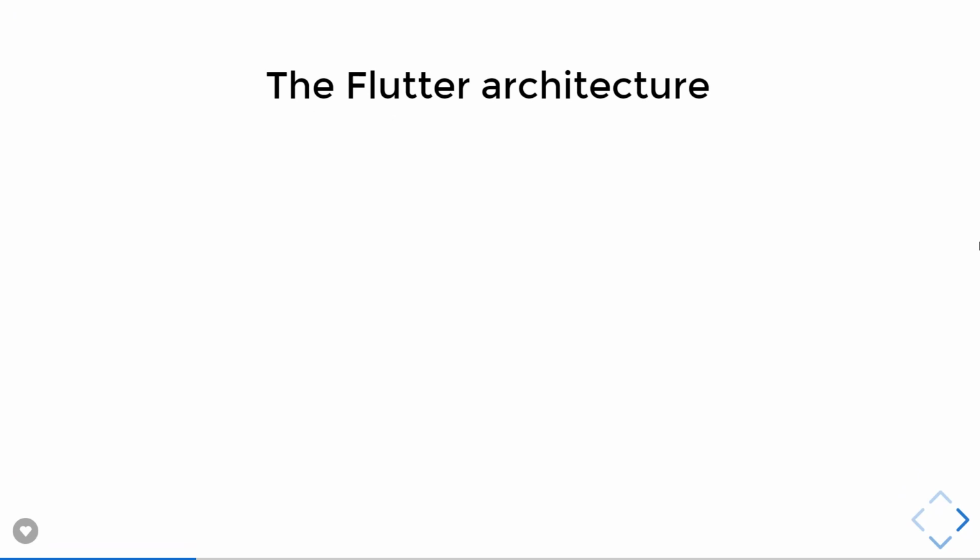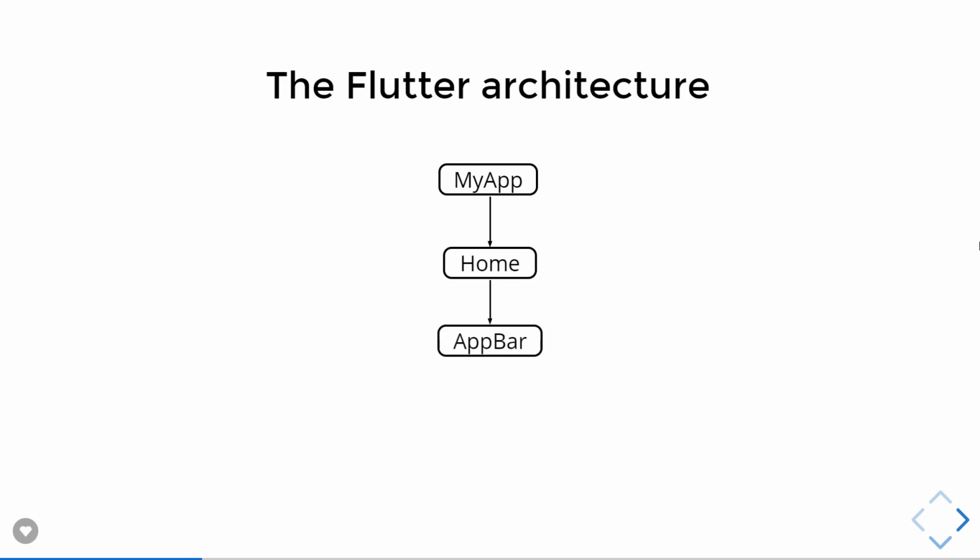For example, when we make our typical Flutter application, the first widget that we will write is my app. And then my app will build other widgets. For example, home, which then builds an app bar, which then builds a text. And potentially home will build maybe something like a dashboard, which can build whatever, like menu items.